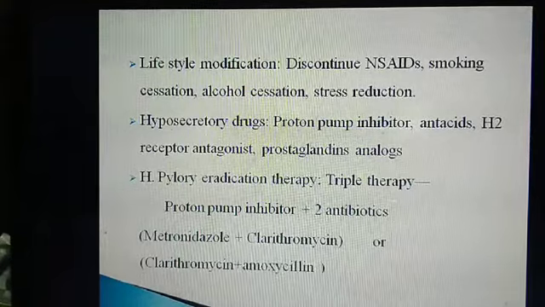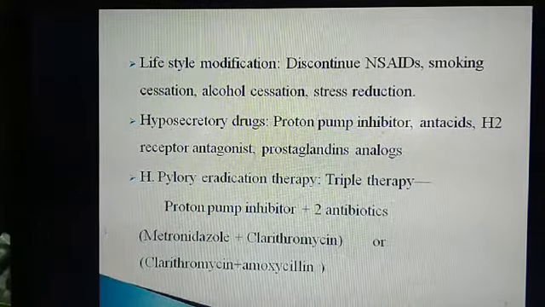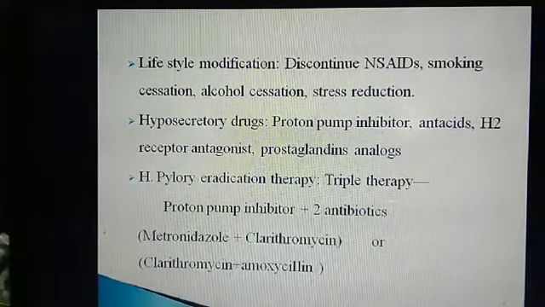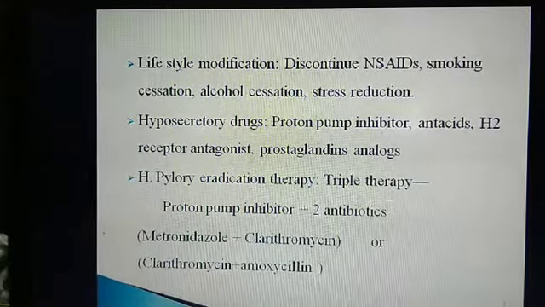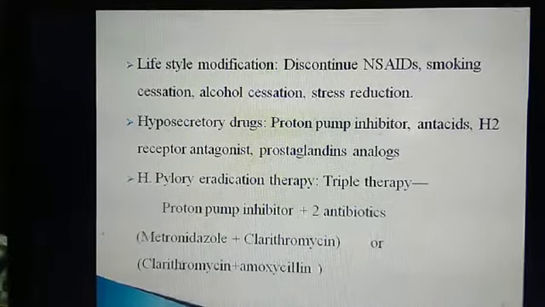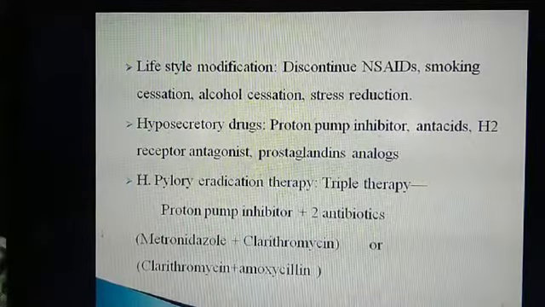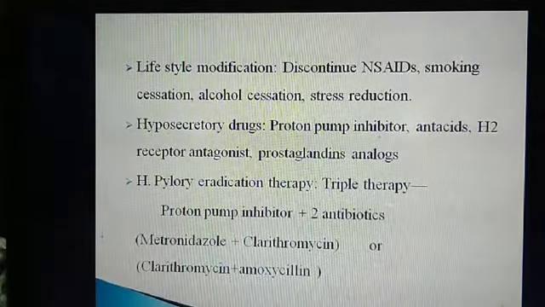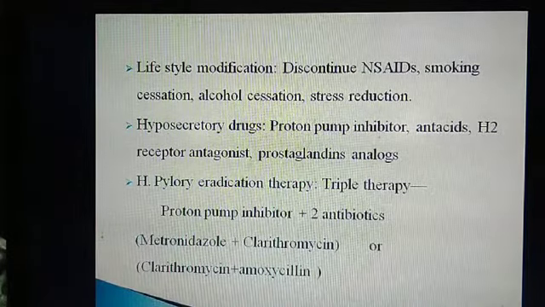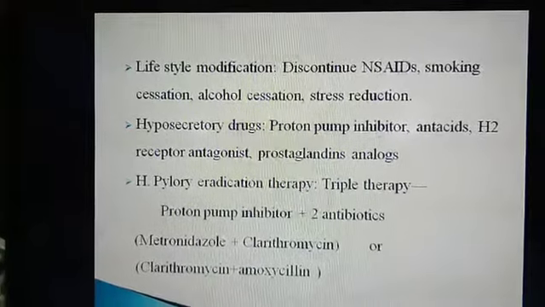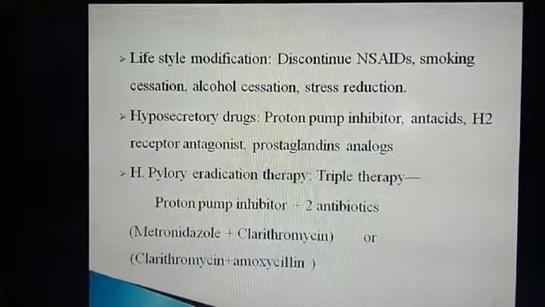They can damage the mucosal layer, the innermost lining of the stomach. Then cessation of smoking, then alcohol cessation, then stress reduction. These are the lifestyle modifications. If we follow them, then we can minimize peptic ulcer in our body.